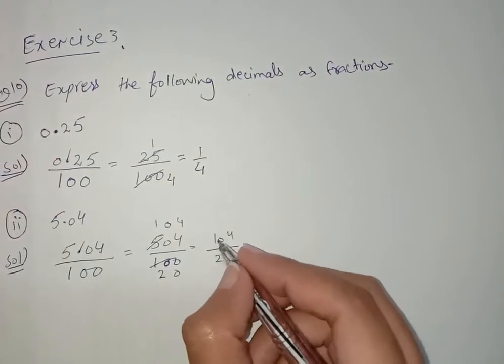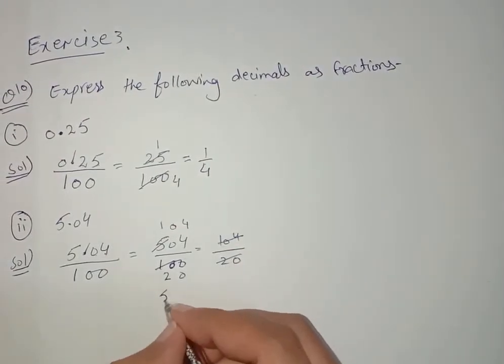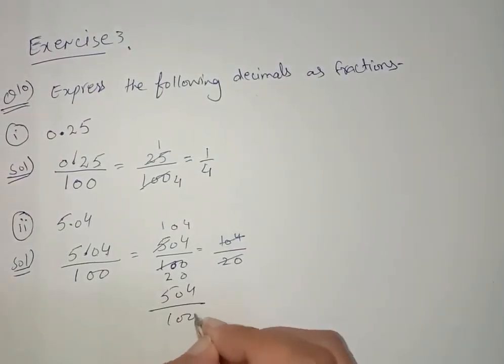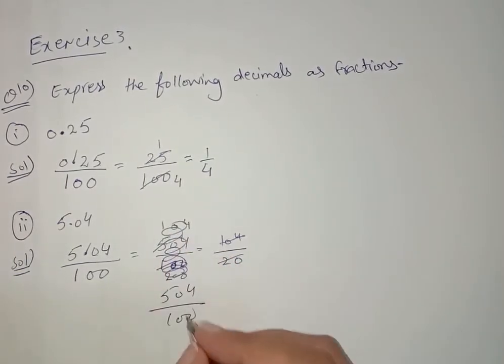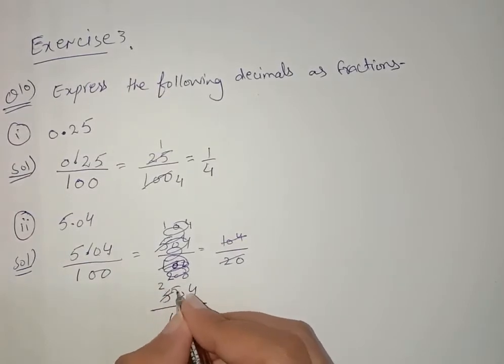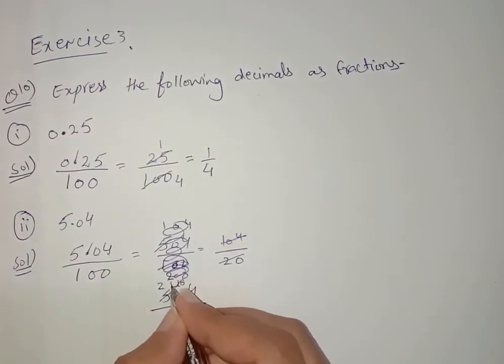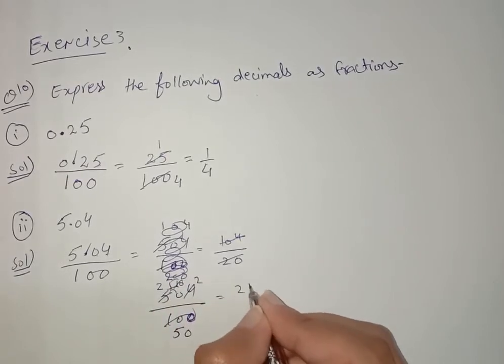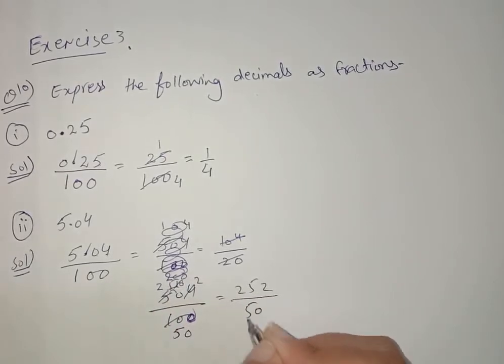Or if we go with the smaller value, we can say 504 by 100. 2 5s are 10, 0 comes as it is, 2 2s are 4, so 252 by 50.